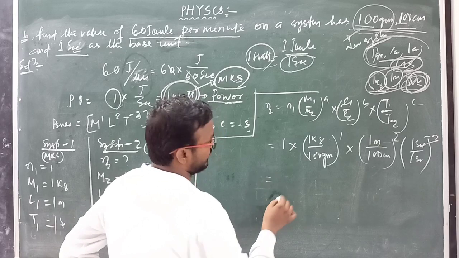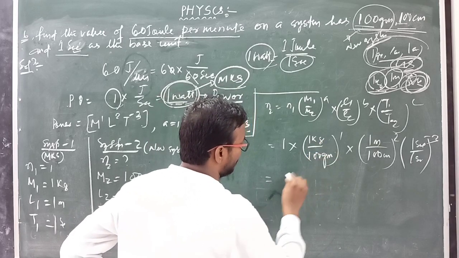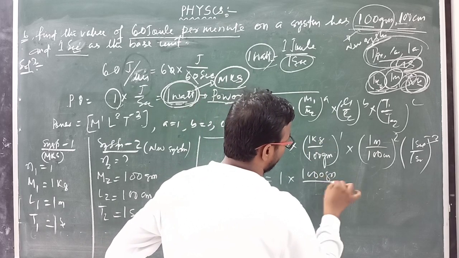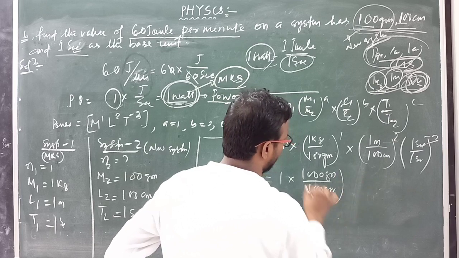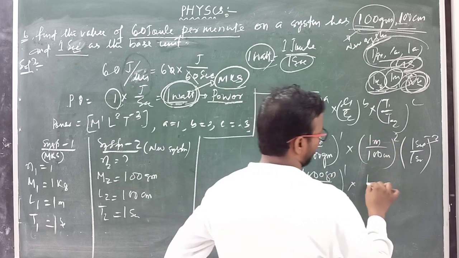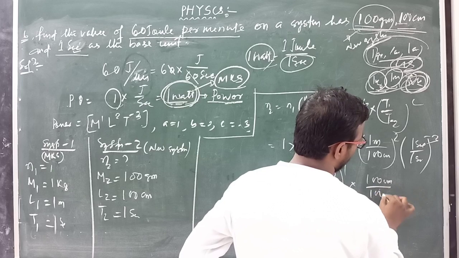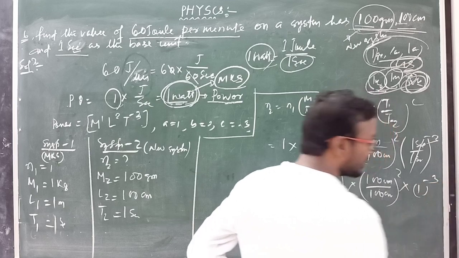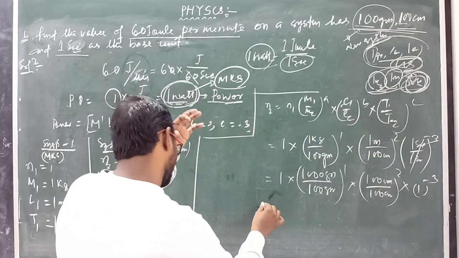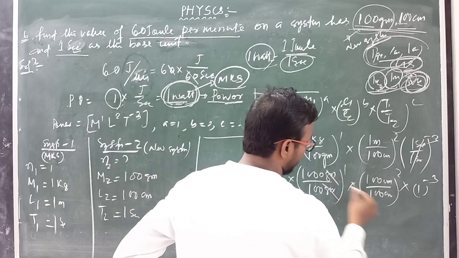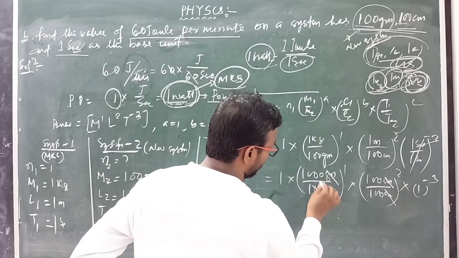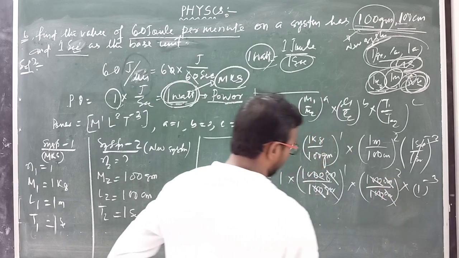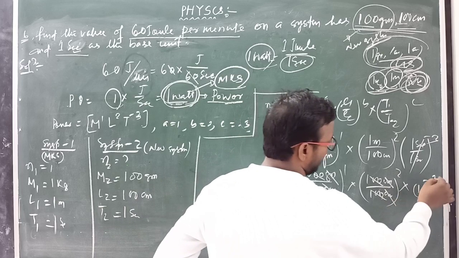So we have to write here kg. Now convert kg into gram. So you can write 1 into 1000 gram divided by 100 gram, power 1, and 1 meter, 100 centimeter divided by 100 centimeter, power 2, and second cancels, 1 to the power minus 3.